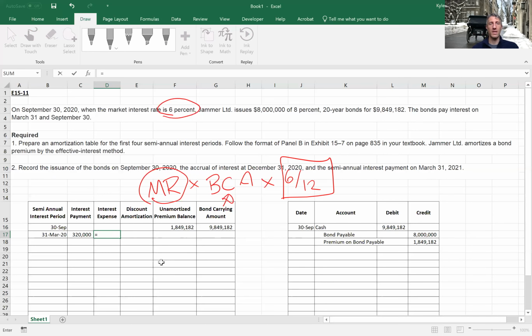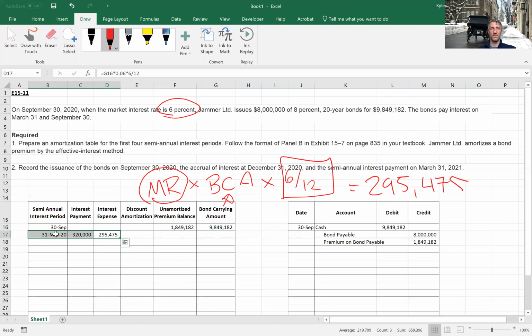So the bond carrying amount from the prior period was 9.8 million, multiplied by the market rate, multiplied by 6 divided by 12. That's 295,475. So that's the interest expense they're going to recognize on the income statement on March 31st.